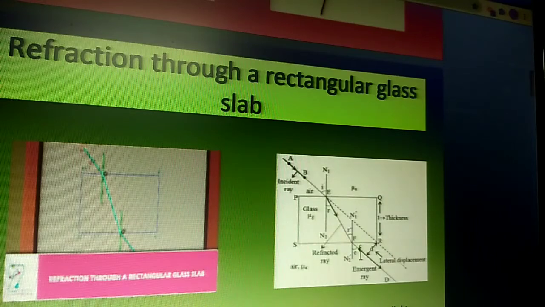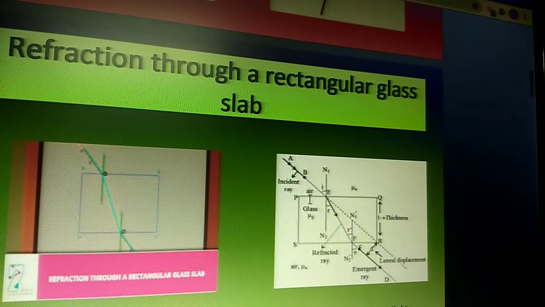So when you are observing this experiment, suppose by pinning two pins, seeing through PQ of the rectangular glass cuboid AB, and seeing through these pins inside the glass slab and pinning two other pins, all will seem to be in the same straight line.